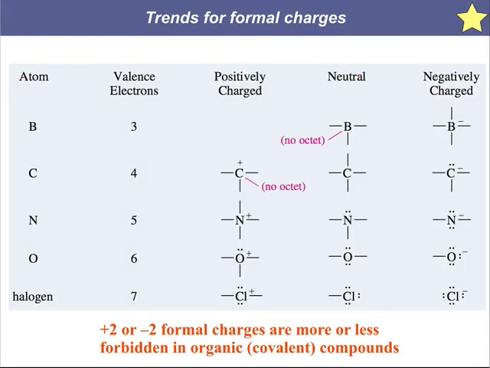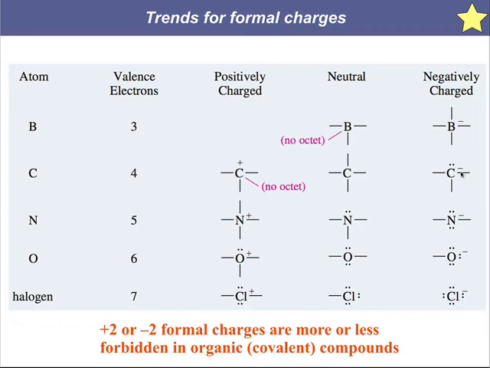Now, if you make a table like your book did for you, where you have different bonding arrangements for these different atoms, you will see a trend. Carbon with 3 bonds and no lone electrons has a positive charge. 4 bonds will be neutral, and 3 bonds with a lone pair will make it negative.